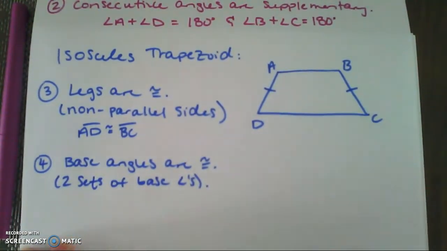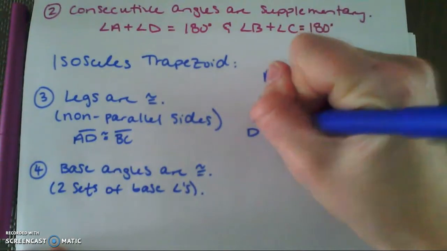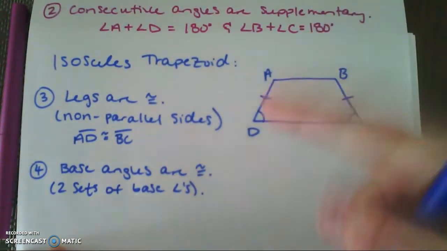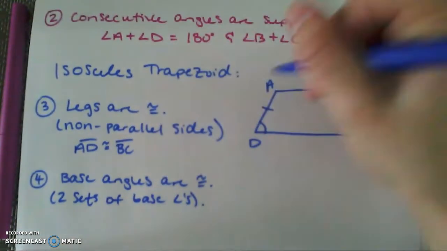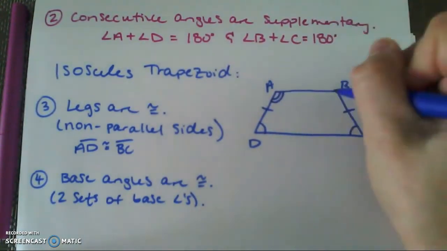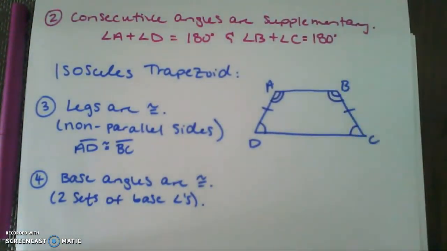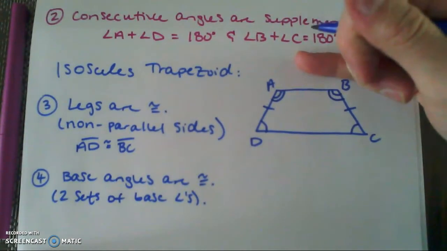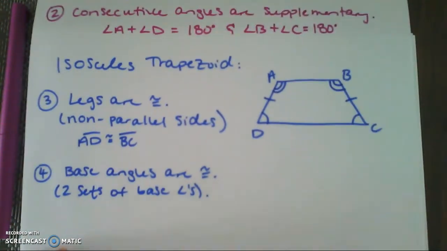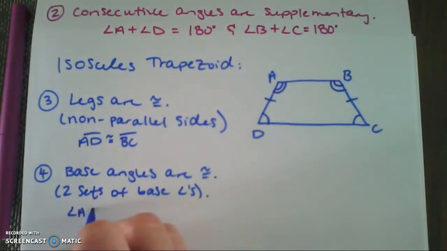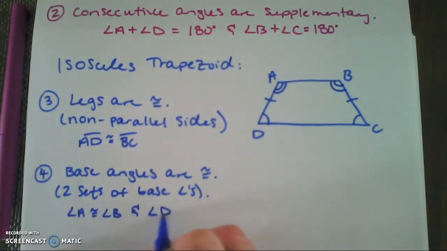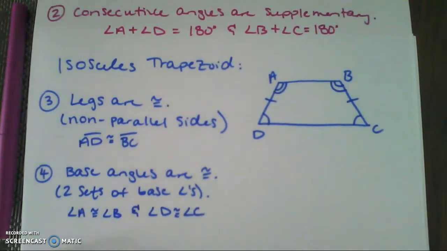So you have one set being down here, and then here's your other set of base angles. So we'll say angle A is congruent to angle B, and angle D is congruent to angle C.